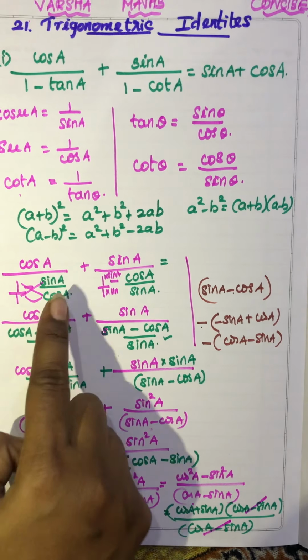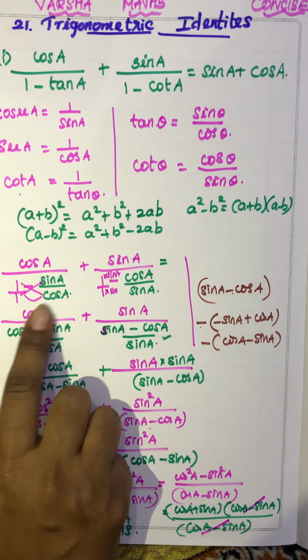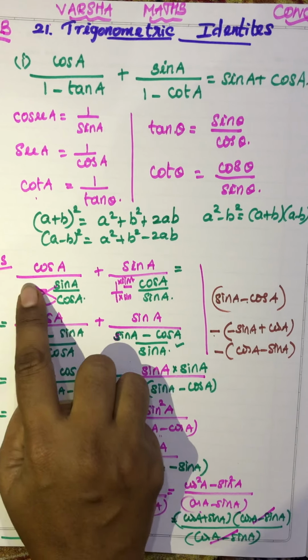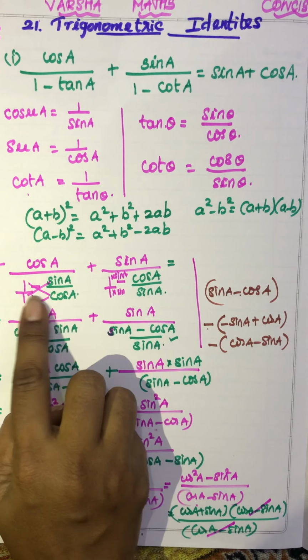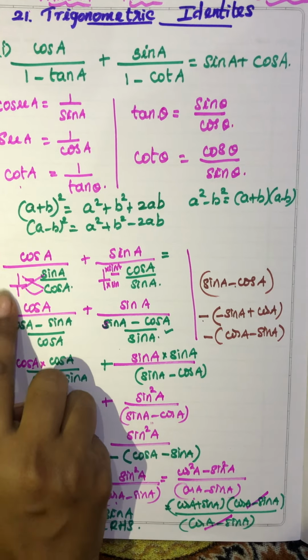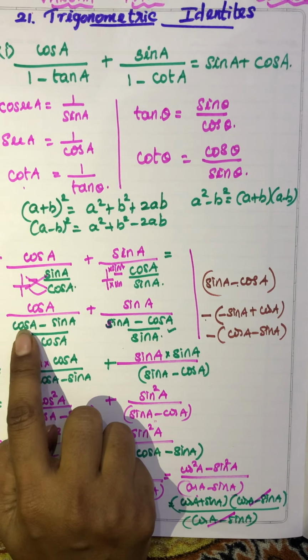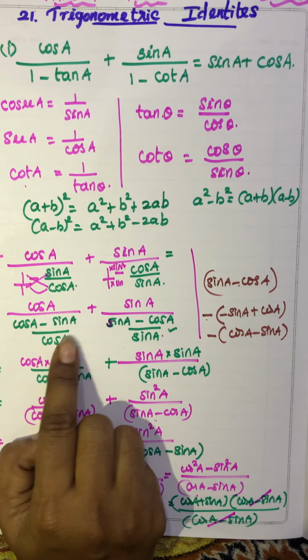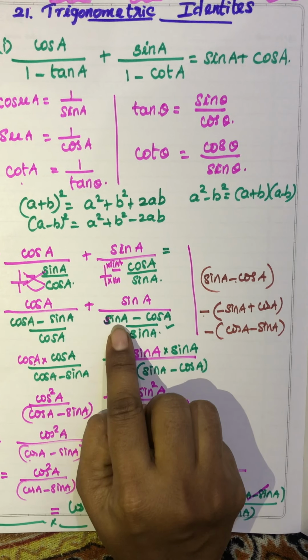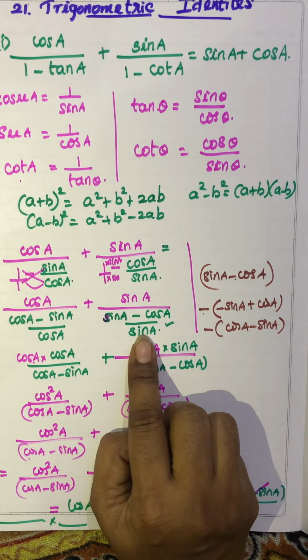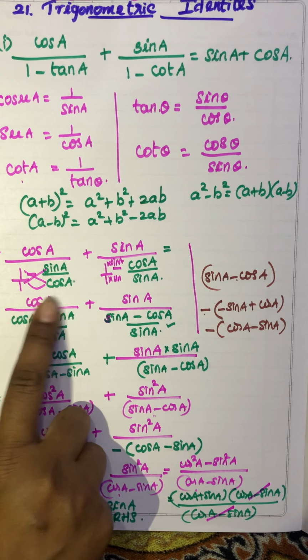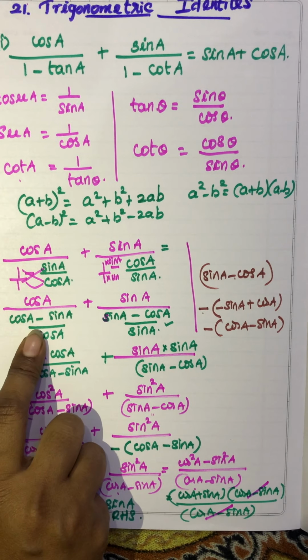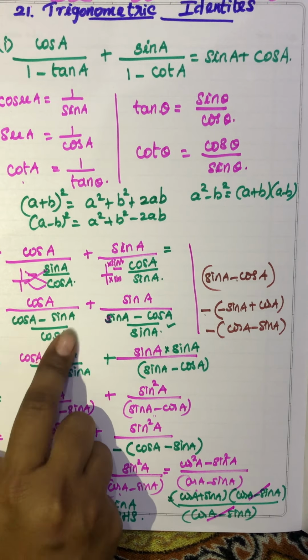Okay, so just taking LCM. What is the LCM? Just cross, cross, cross. Otherwise, you can multiply by cos, cos in the numerator and the denominator. So we get cos A minus sin A by cos A. Here we get sin A minus cos A by sin A. In the denominator we have a fraction.